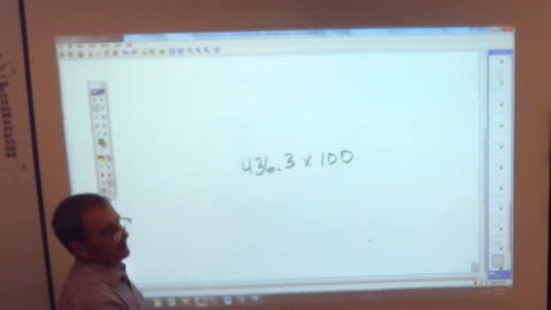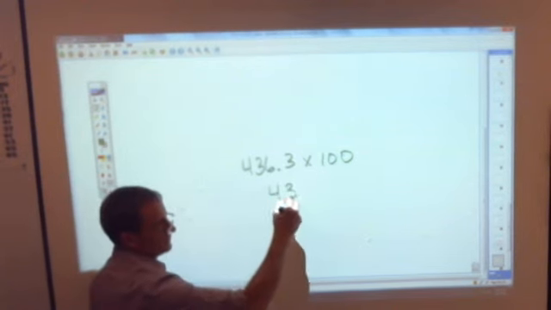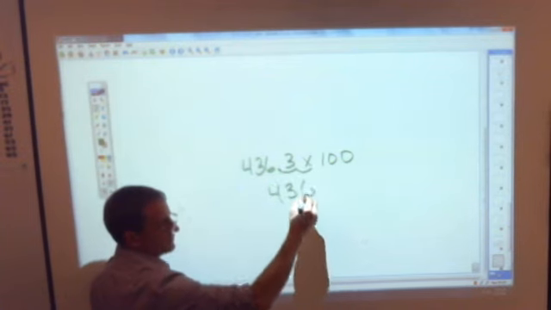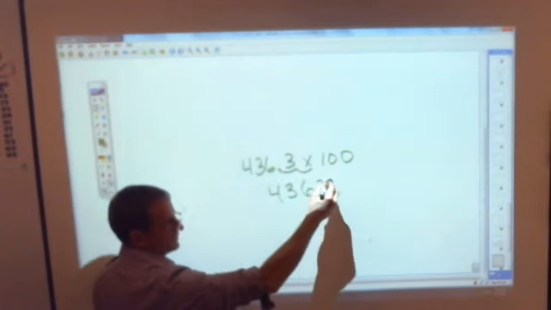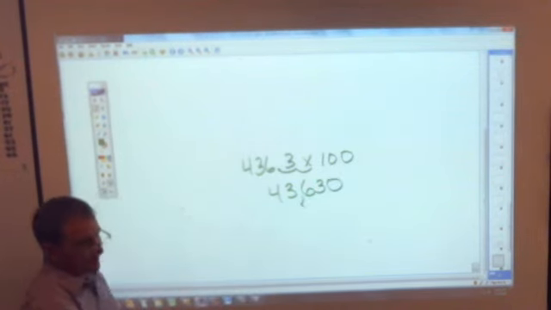To the right. And it gives me what? You could just give me the digits, I'll be happy with that. Move the decimal 2 places to the right. 4, 3, 6, 3, 0. 2 places to the right, I have to add a 0 to take up a spot.